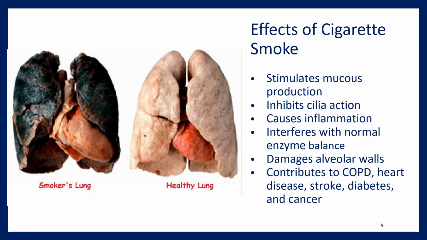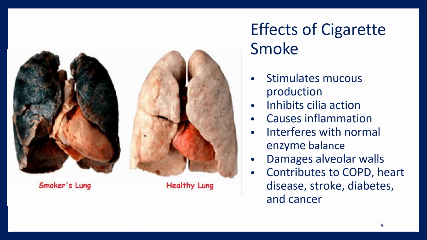Cilia normally act like tiny synchronized custodians, sweeping mucus upward towards the throat. Smoking paralyzes them, kills them, and then increases mucus production anyway. So now you have more mucus and less movement. This is why smokers develop chronic cough. The lung is literally trying to manually remove debris that the cilia can no longer clear.